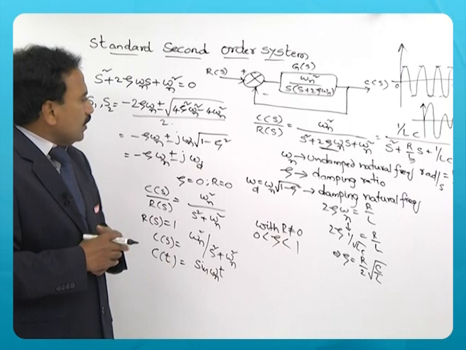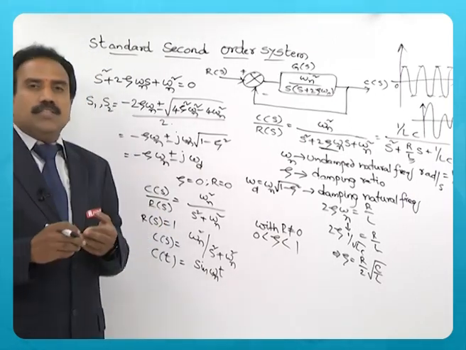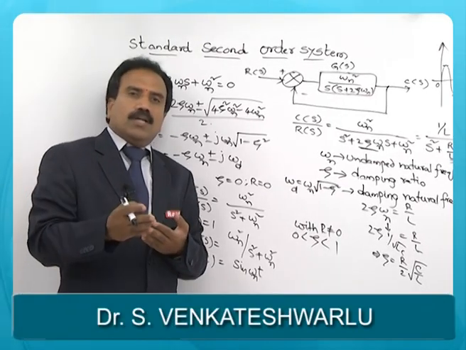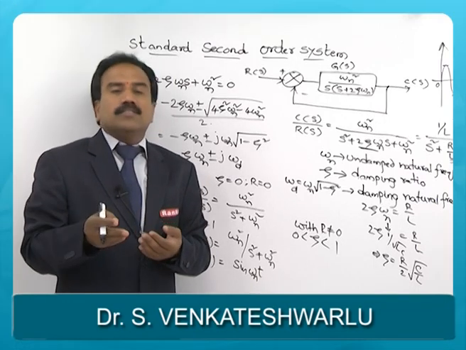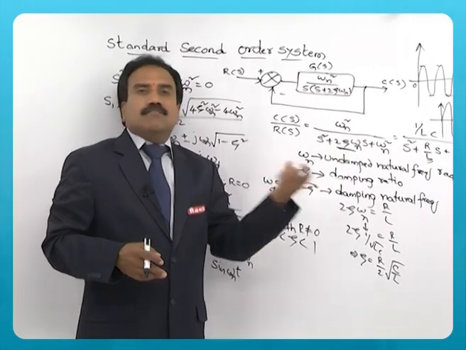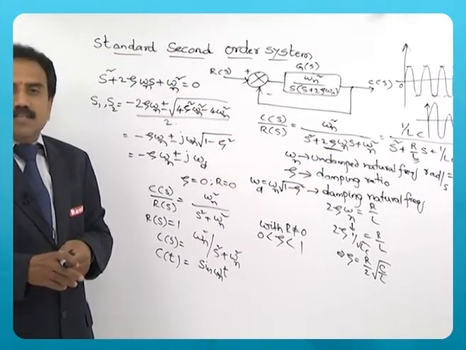Now let us vary the damping ratio zeta from 0 to 1, equate it to 1, and then go beyond 1. What happens to the roots of this characteristic equation? That we should learn in this standard second order system.